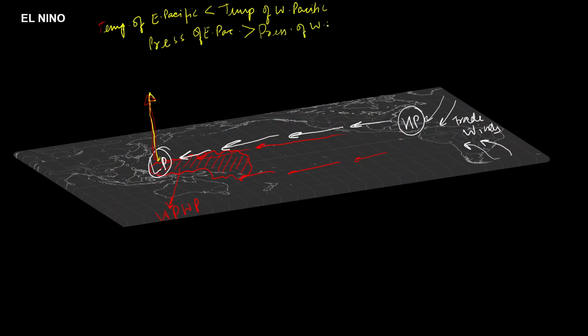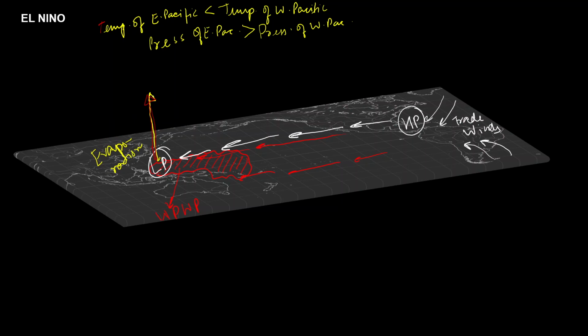pressure of Western Pacific. So what will happen, as I was telling you, is that the winds start to blow from the Eastern Pacific towards Western Pacific. At the same time, over the Western Pacific, there is a lot of evaporation because of the warm water pool over here.